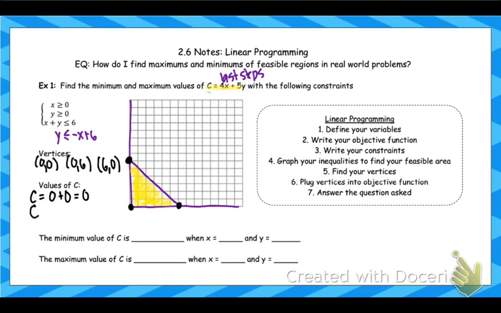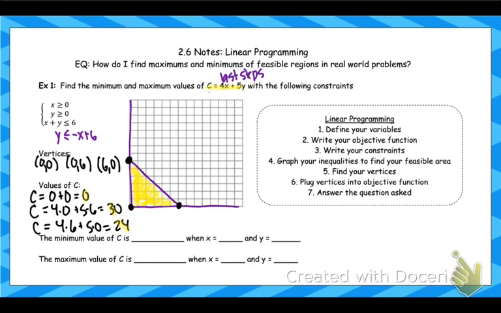Now let's try it for (0, 6). 4 times 0 plus 5 times 6 is 30. And then the last one, 4 times 6 plus 5 times 0 is 24. Now we can look at those C values that those vertices gave us. Those are the possible highest or lowest values on this shaded region for this objective function.